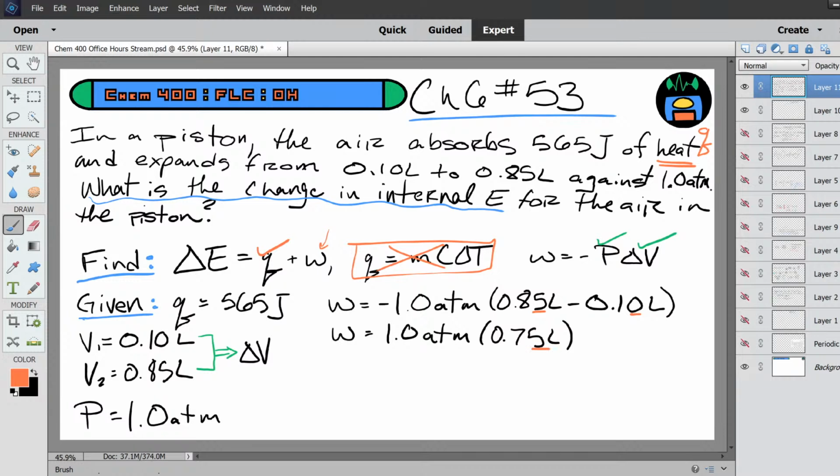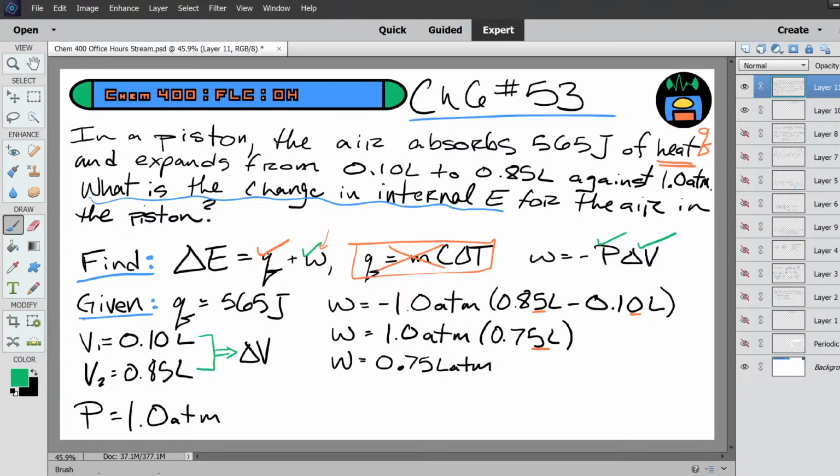The last sig fig in 0.75 is in the second decimal place, so we do not need to round. We do not need to add a 0. You multiply this by 1, and you get work is equal to 1.0 times 0.75 is 0.75 liter atmospheres.